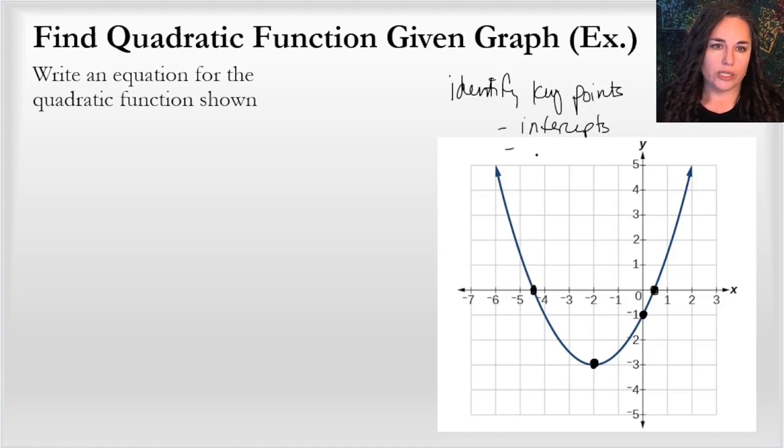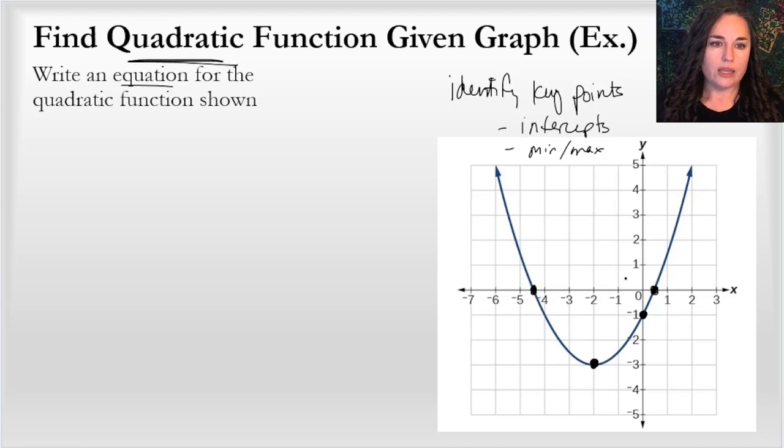I call them inflection, but it might not be an inflection point. This is a minimum or a maximum. I'll just put min or max on here because we're dealing with quadratics. We're just going to have a min or max. So I'm identifying those key points in here. They're going to tell me things for how to write an equation. That's what I was talking about a slide ago. How to write an equation given the graph. Just given the graph, what am I seeing here?